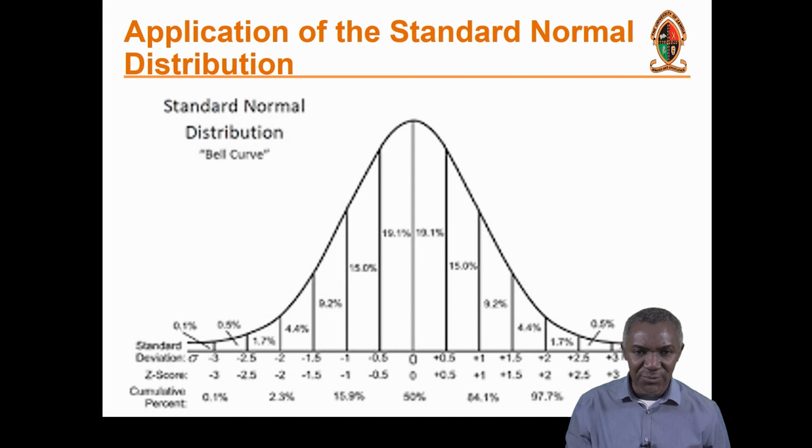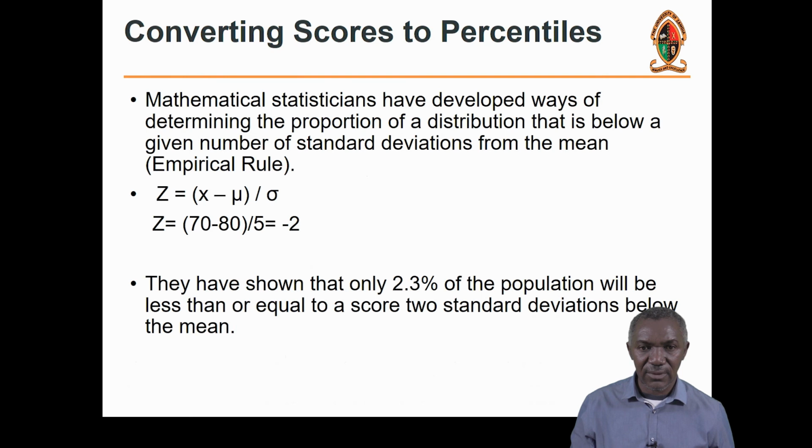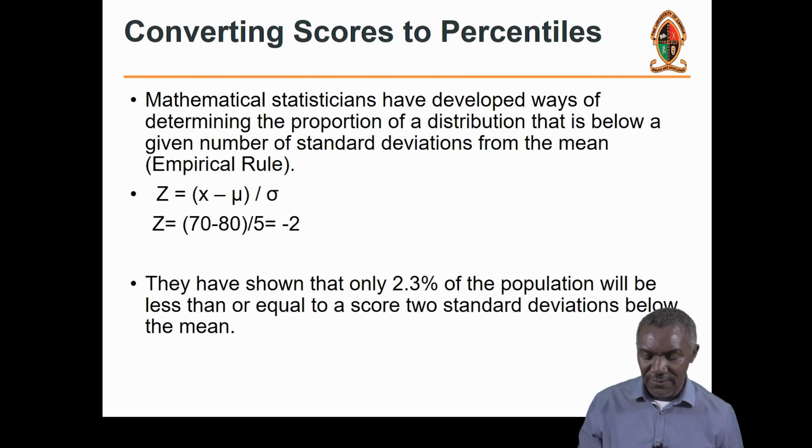So what we do is we subtract 0.475 from 0.5, and what we get is about 2.5 or thereabout. So this is then the percentile rank for this particular goat. The goat which is 70 falls on about the 2.5 percentile rank. Of course, that is an approximation. When you do the more precise calculation, you get about 2.3.